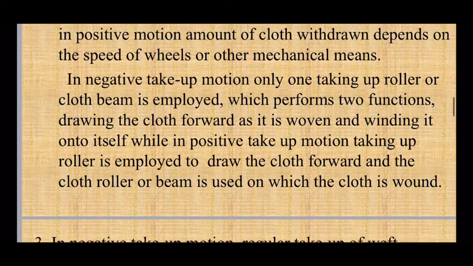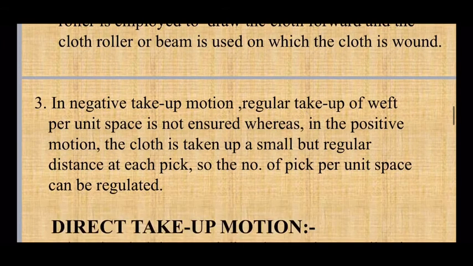While in positive take-up motion, we are using a taking-up roller, which is employed to draw the cloth forward, and the cloth roller or beam is used on which the cloth is wound. So withdrawing is done by the take-up roller, and the winding is done onto the cloth roller. So here we are using two rollers in positive take-up motion. And then third, in negative take-up motion, regular take-up of weft per unit space is not ensured.